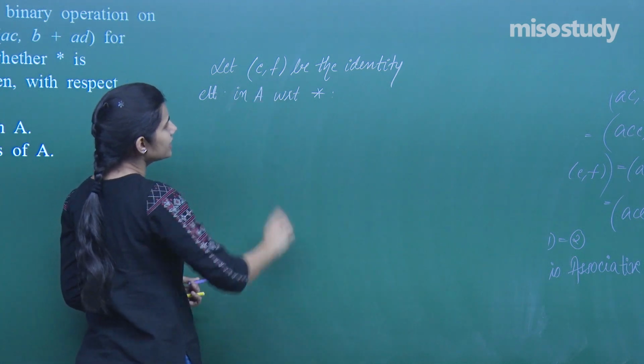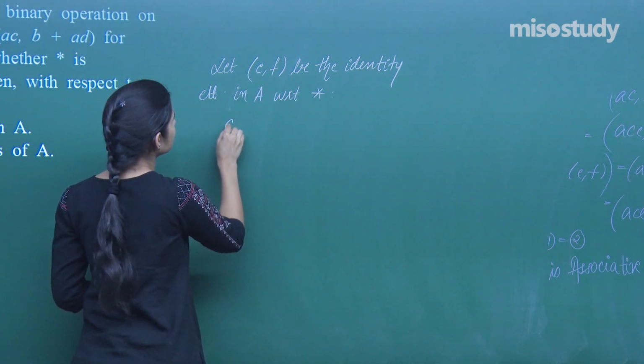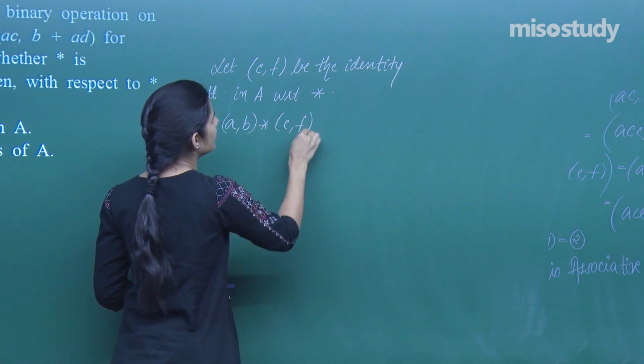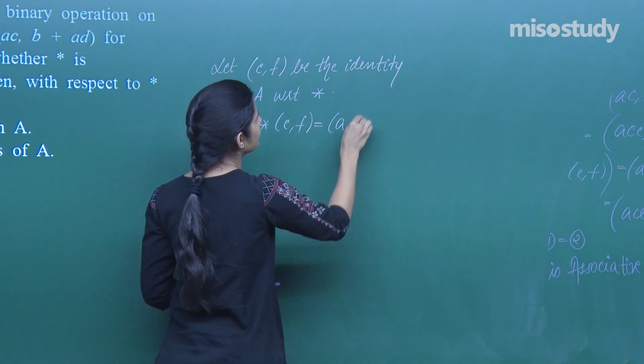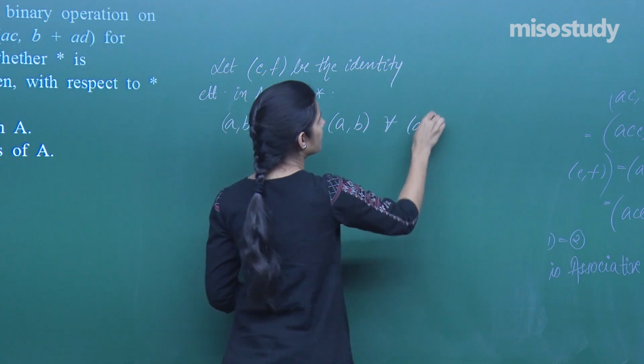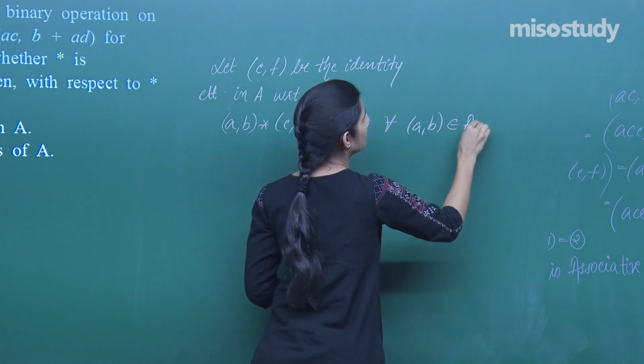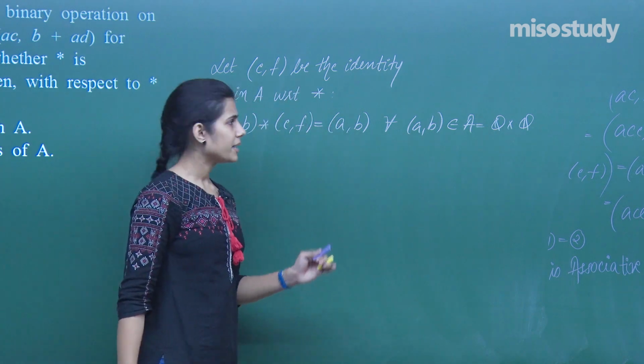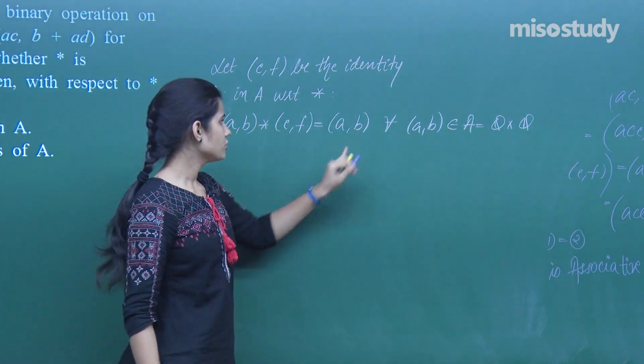If this is the identity element in Q cross Q, that means any ordered pair operated with this identity element does not change its identity. Any element from A, if operated with (e, f), does not change.